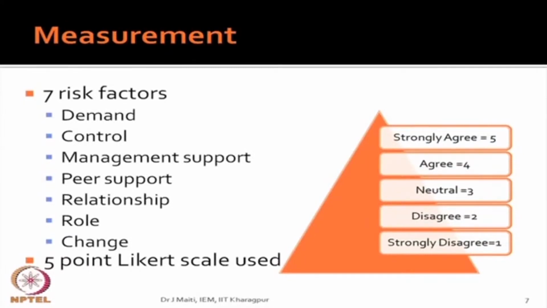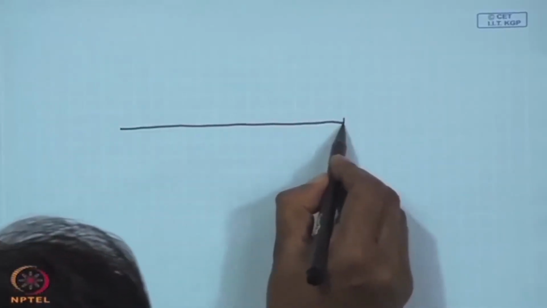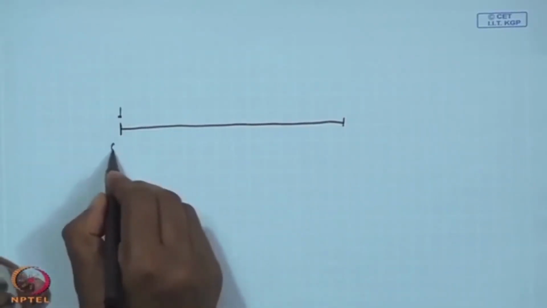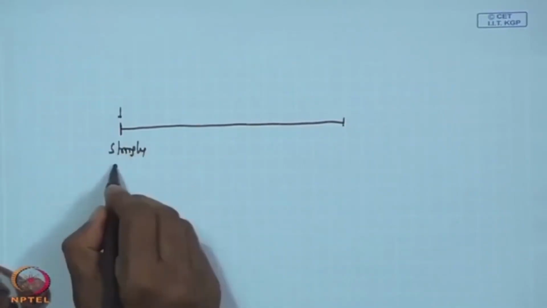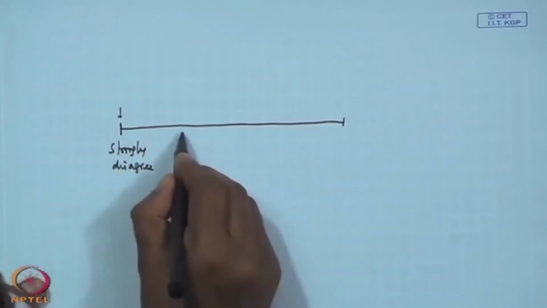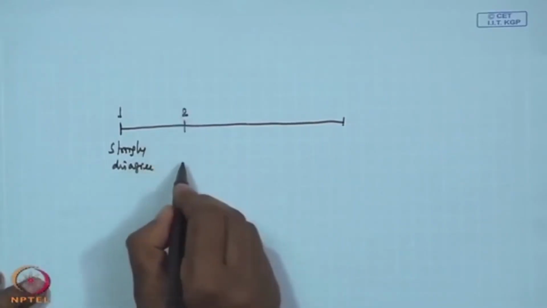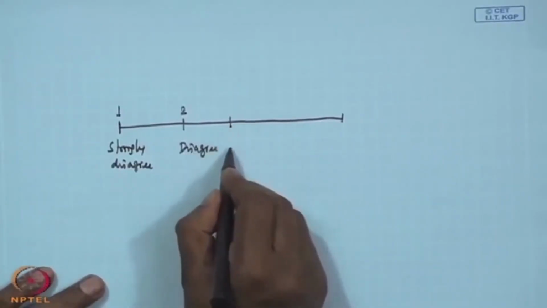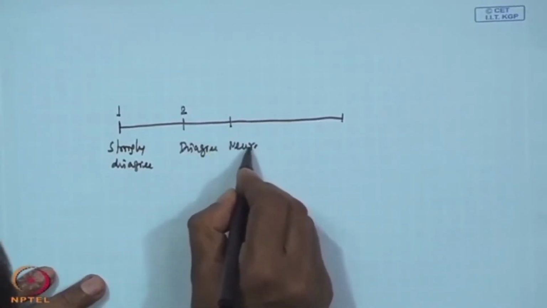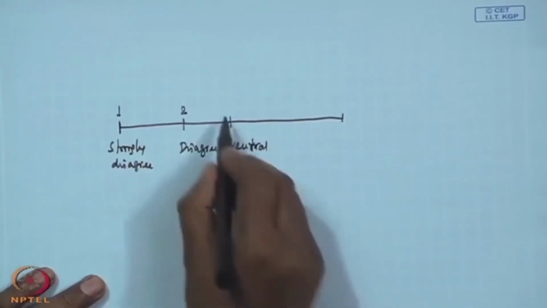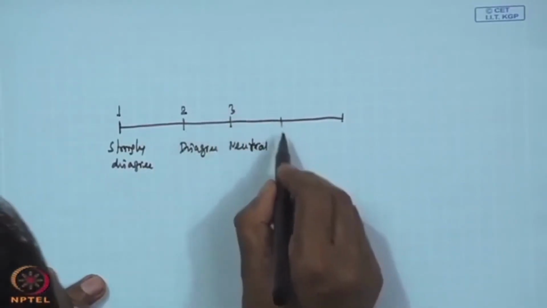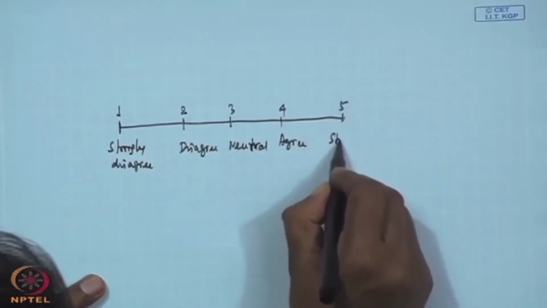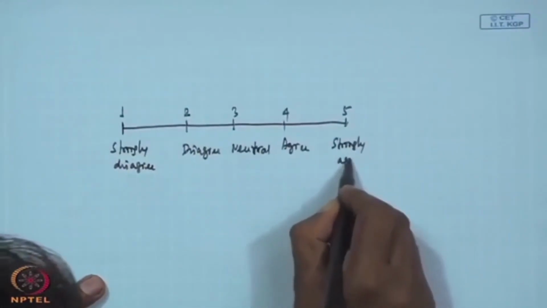For every question, the first one, 1, is strongly disagree. Then 2 is disagree. 3 is neutral, neither agree nor disagree. The 4th one is agree. The 5th one is strongly agree.